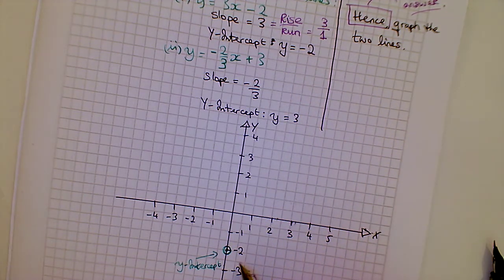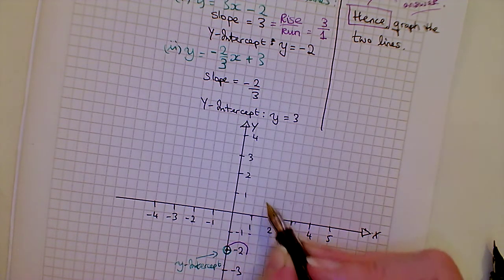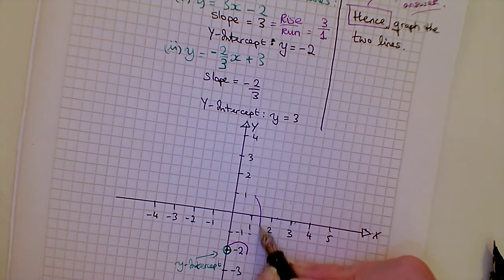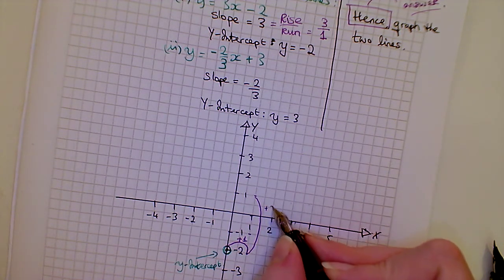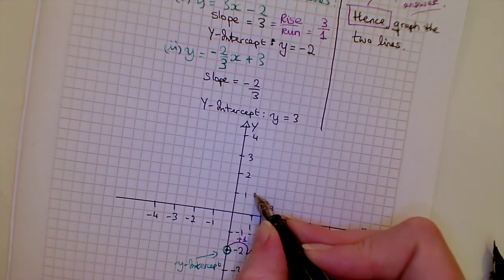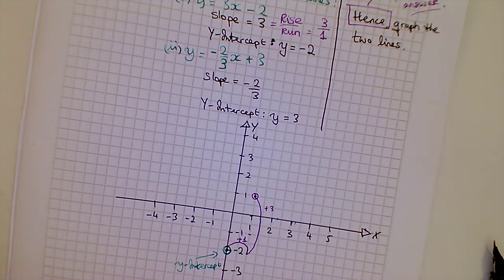That means every time I go over one space, I must go up 3 spaces. So I start from the y-intercept, I go over one space, and I go up 3 spaces. So over 1, it's a positive slope, and up 3. And I end up here.